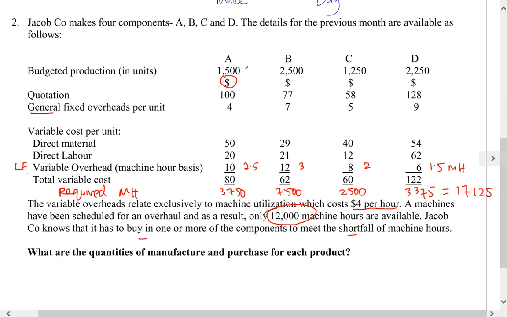Yes, we have a shortage. So do we calculate contribution per unit or savings per unit? Because this one we are unable to make, we will buy. So we go for savings. Okay, total required is 17,000 hours, but we only have 12,000. So limiting factor.